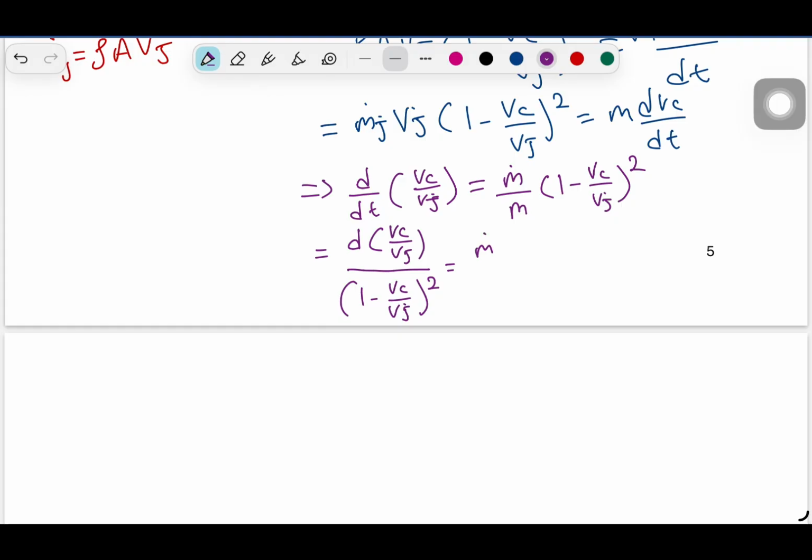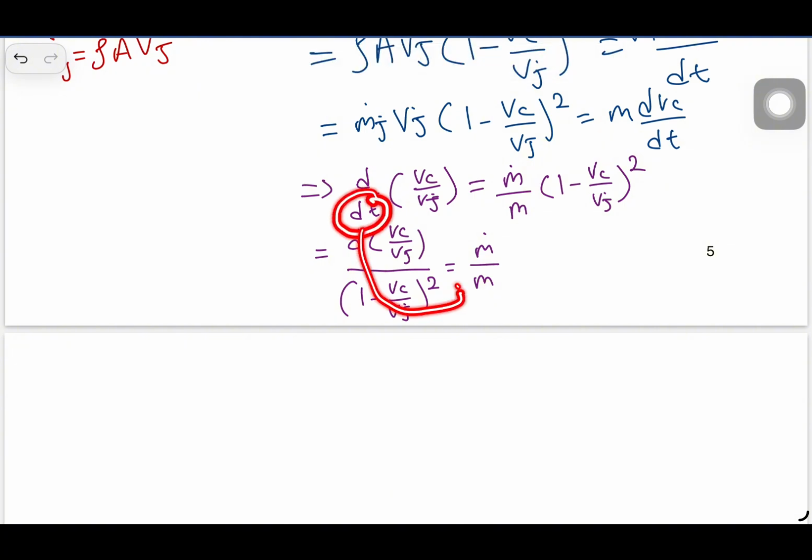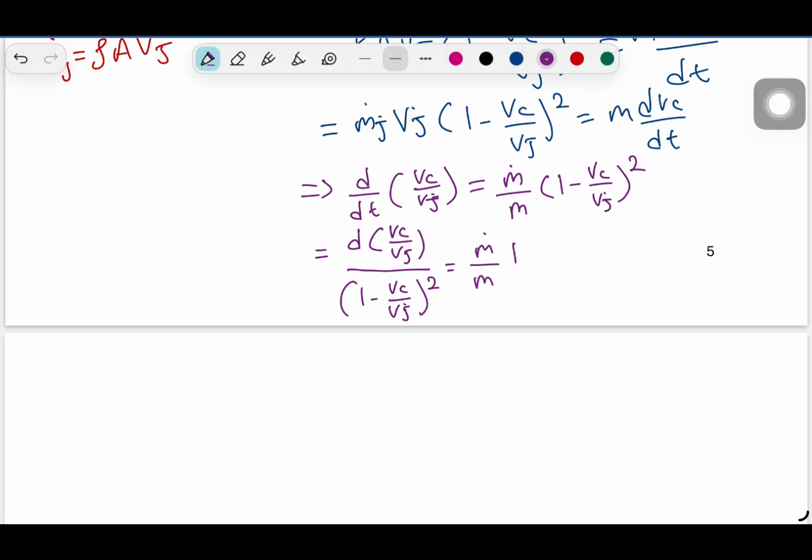This is equal to mass flow rate, and we are moving this term to the right, so that eventually we are going to find the delta t, which is a change in time. The main reason for these modifications is to calculate the required time.